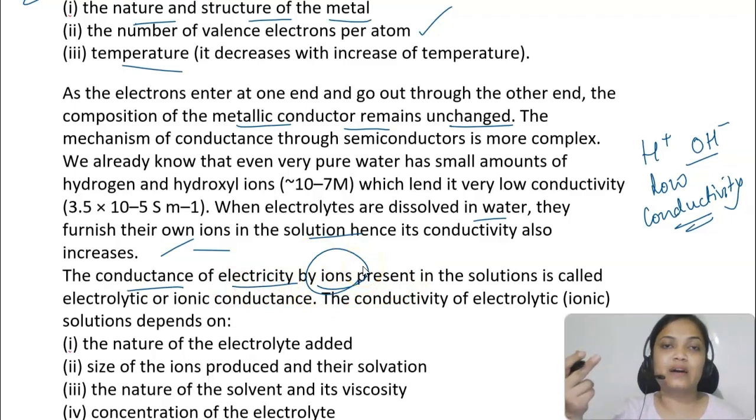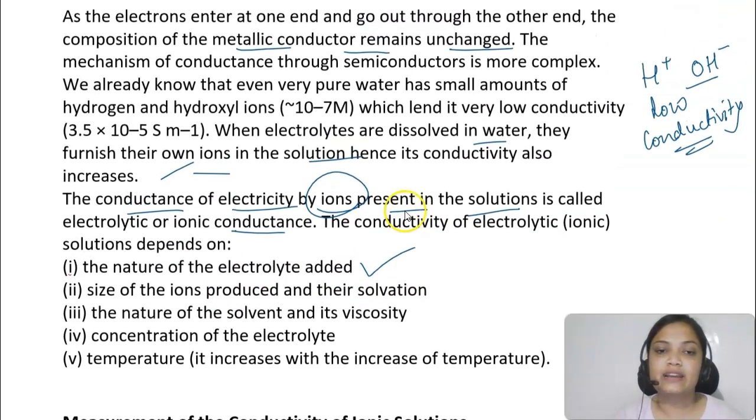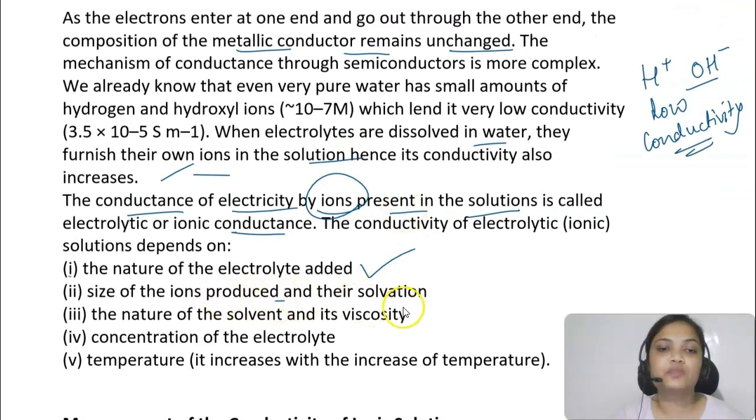Earlier it was by the electrons in the metals, but when it is by the ions present in the solution, it is known as electrolytic or ionic conductance. This ionic conductance depends on the nature of the electrolyte, size of the ions produced and their solvation, nature of solvent and viscosity, concentration of electrolyte and temperature.